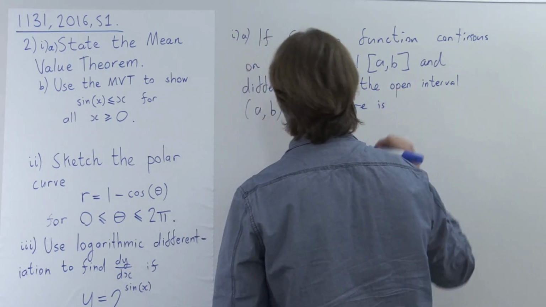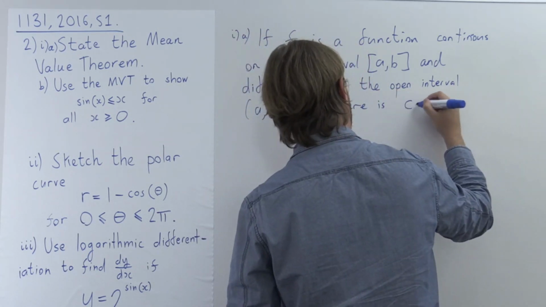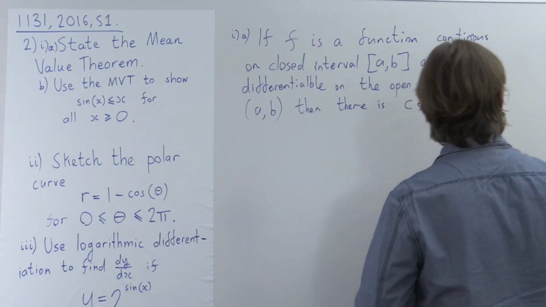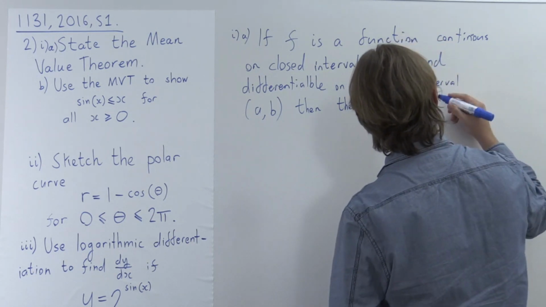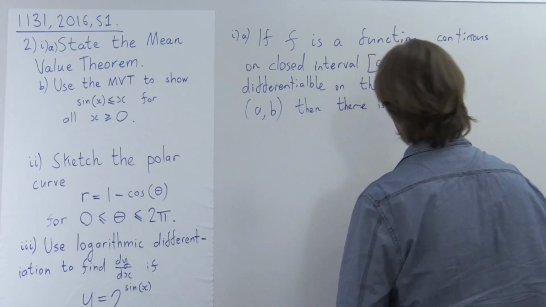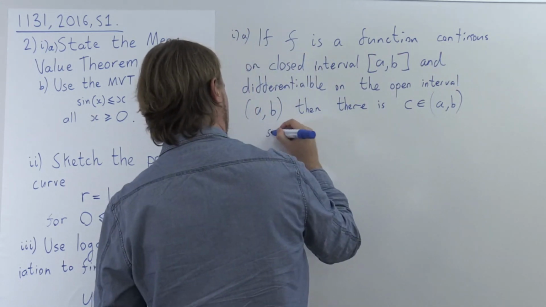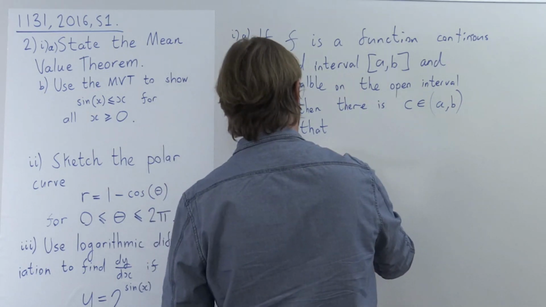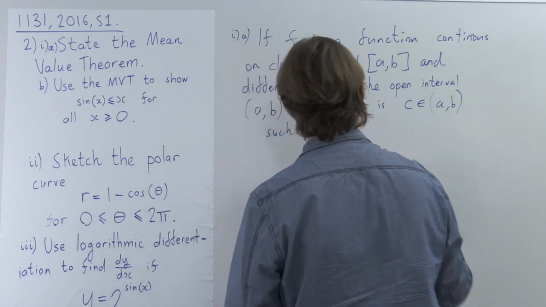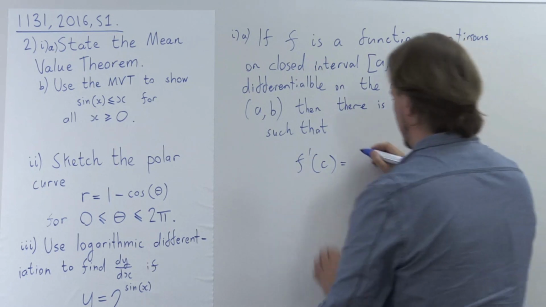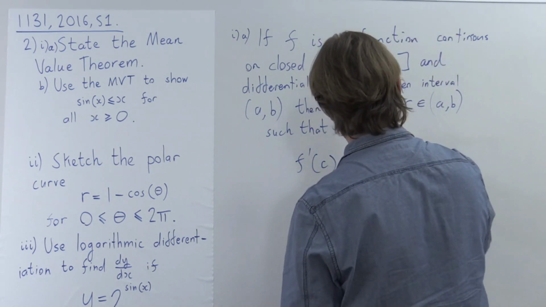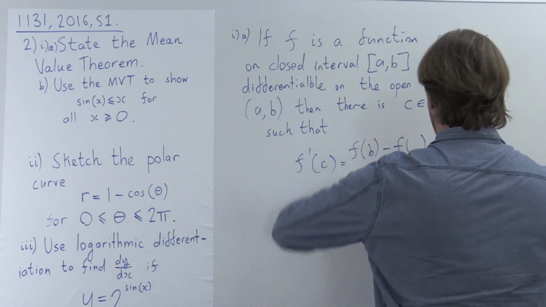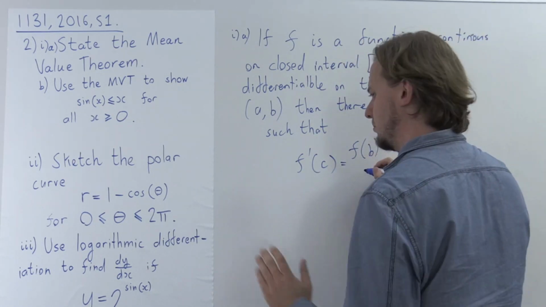What the mean value theorem says is that we can guarantee there'll be some value c, and this c will be in the open interval, such that the derivative at that point is the same as what you would get if you just calculate the slope of the line from a to b.